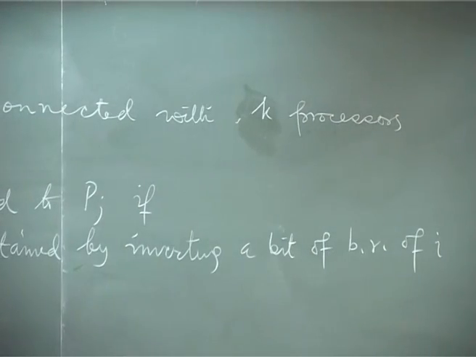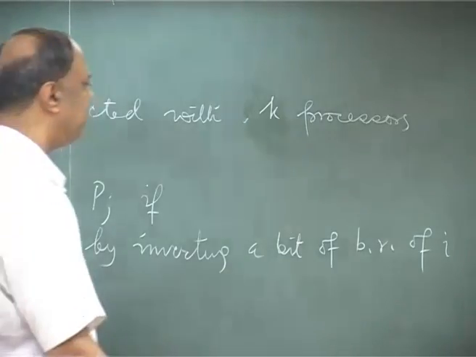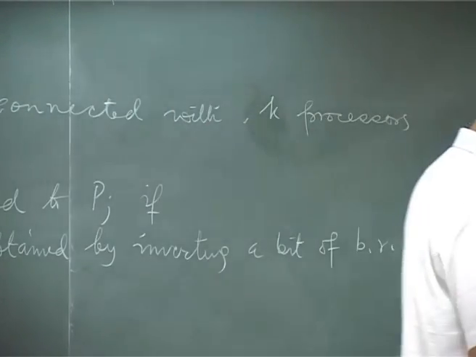Okay, Pi is connected to Pj if j can be obtained by inverting any bit. There are k bits you have in the binary representation of i.